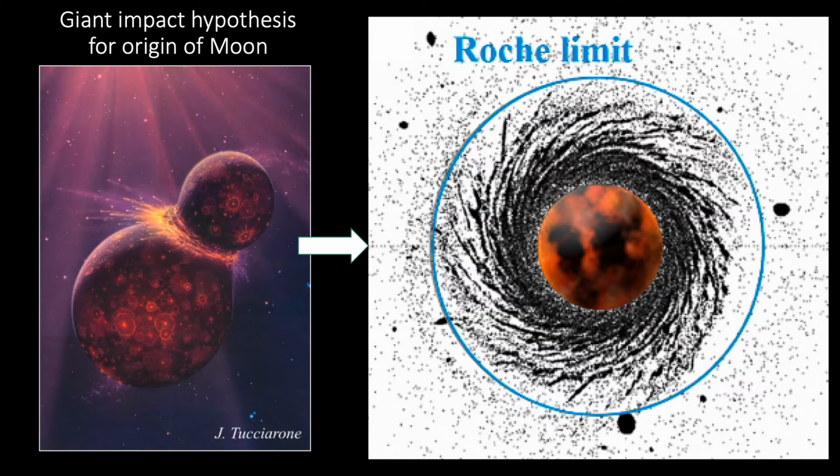Well, our best theory of the formation of the Earth and the Moon starts with what we call the giant impact hypothesis. Imagine 4.6 billion years ago, as our collapsing cloud is creating a disk of material that is then accumulating into these protoplanets.